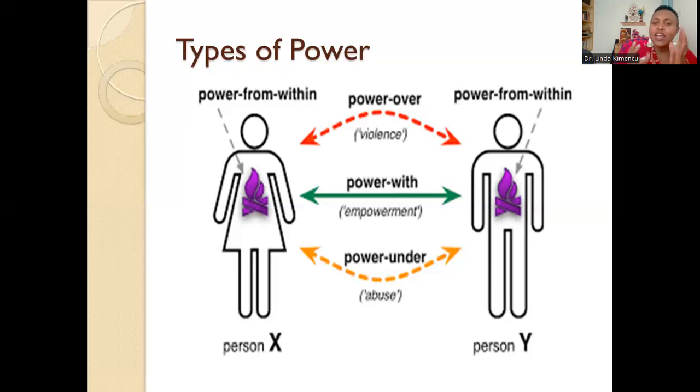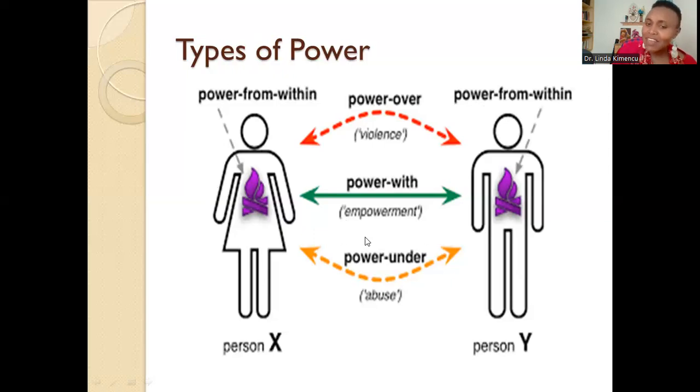So when you have one person who has, you as a leader, if you're able to get from within that power from within, then you can be able to empower those that you lead so that at the end of the day, you're not having a power over them, but actually you're having a power with them.